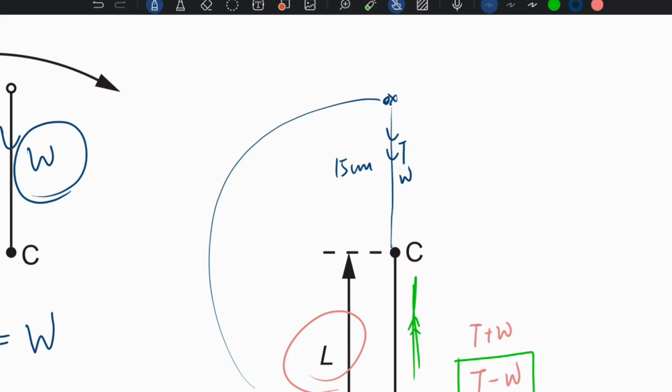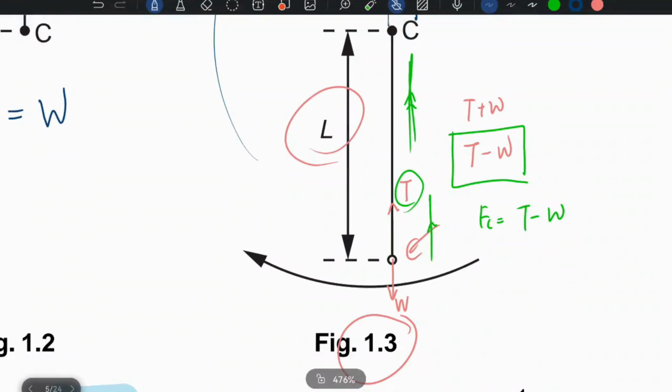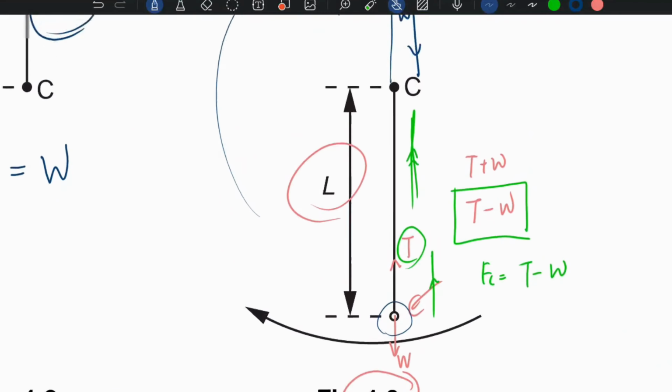Then in this case, your net force is acting towards the center of the circle, because centripetal force is acting towards the center when it's moving in a circle. In that case, T plus W will give you the centripetal force. So the centripetal force is greater on top, and lesser at the bottom.